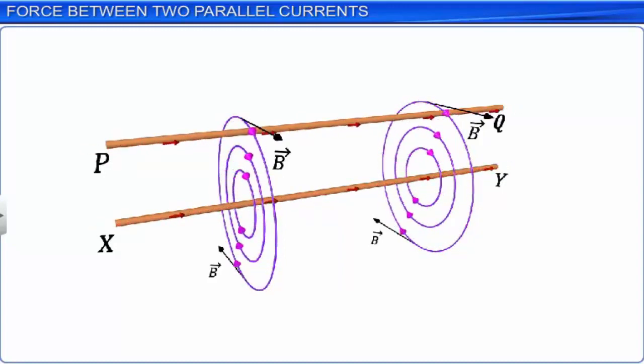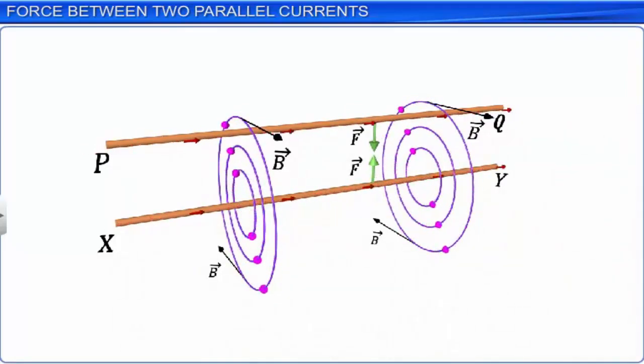This new conductor is in the external magnetic field of the conductor XY such that PQ is parallel to XY. Now, we will notice that due to the external magnetic field of the conductor XY, the conductor PQ experiences a magnetic force.